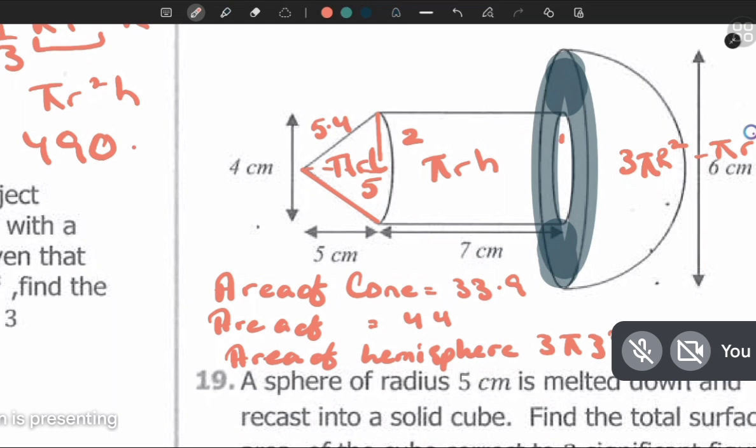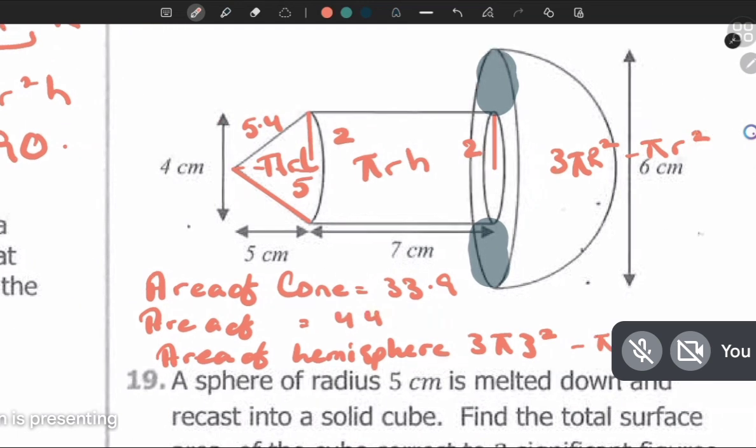Sir, how did we get 2 squared? Because we are taking this inner circle, the smaller circle, so its radius will be 2. Okay.